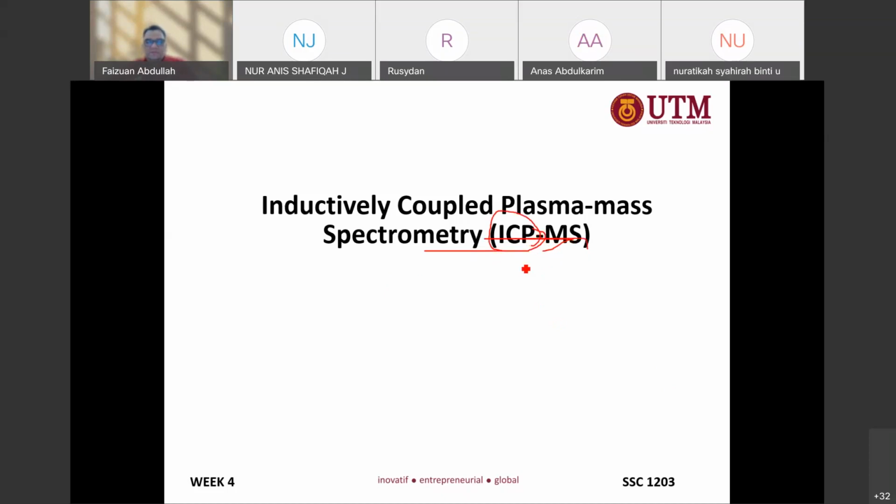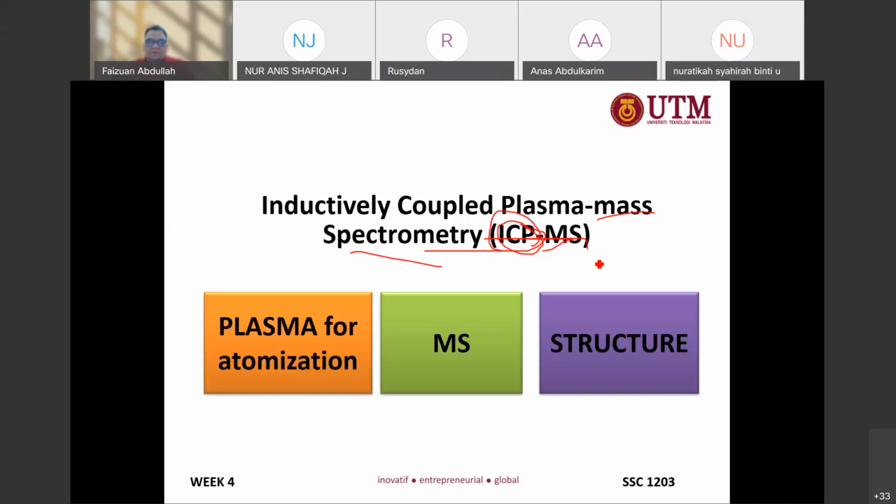Atomizer is the first word, and mass spectrometry is the detector. Similar with ICP-OES, ICP-MS has the same atomizer, but the detector is different. It is a mass spectrometer, right? So we have plasma for atomization and MS as the detector, and then we can know the structure of the sample.